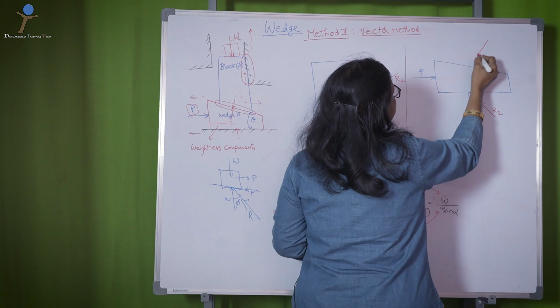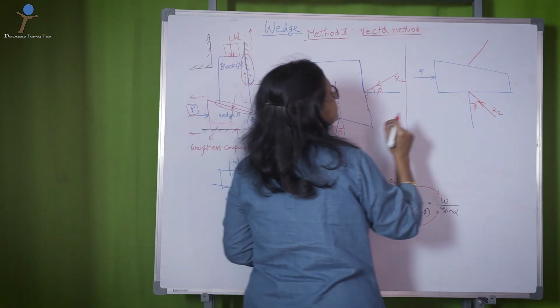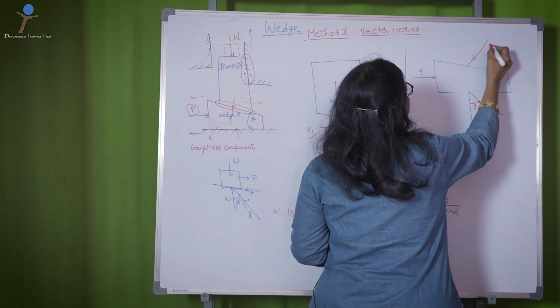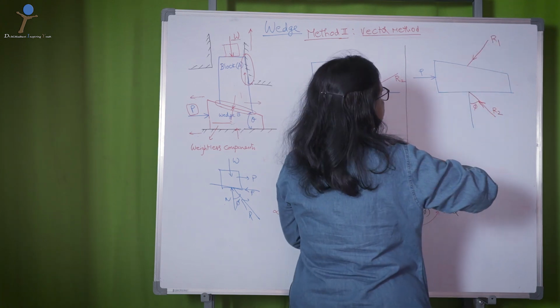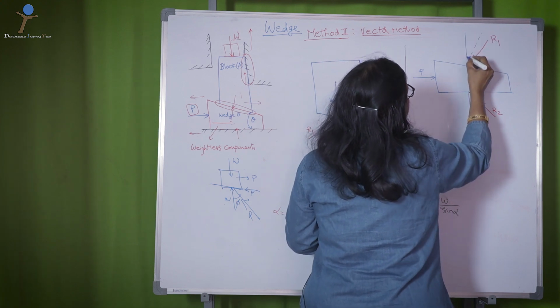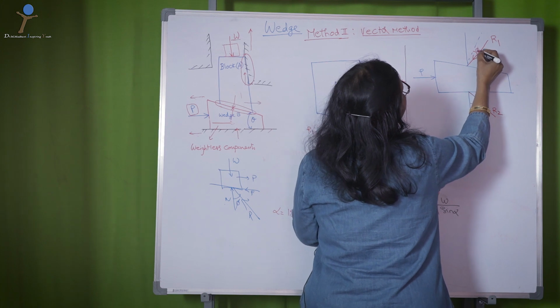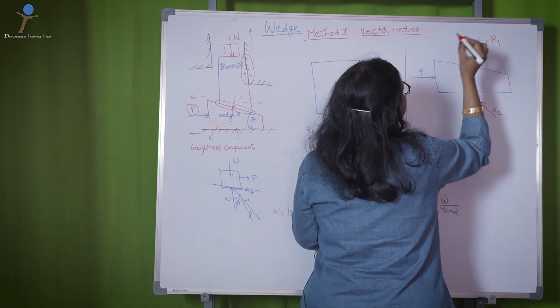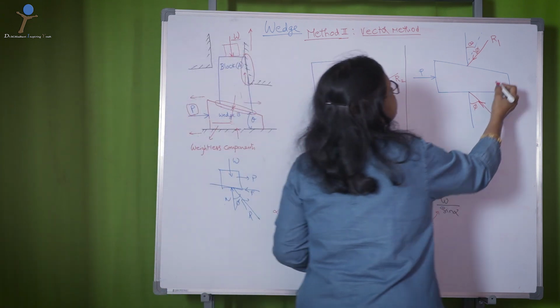Then you have, let me say, the same R1. So, this with the normal and with this, I call it as phi with this and theta with this, knowing that this is theta.